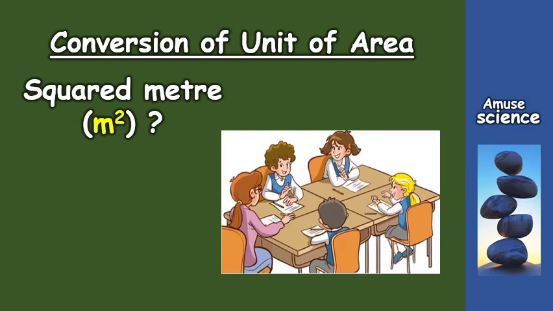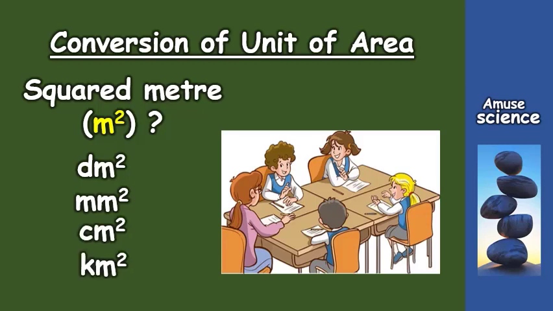And that is why it becomes very necessary to know how to convert from one to another. Apart from the squared meter, we can also write the units of the area of an object in squared decimeter, in squared millimeter, in squared centimeter, and in squared kilometer.